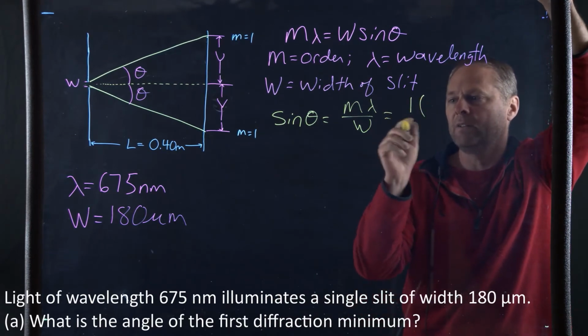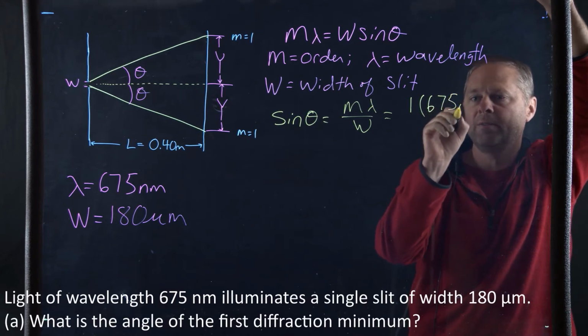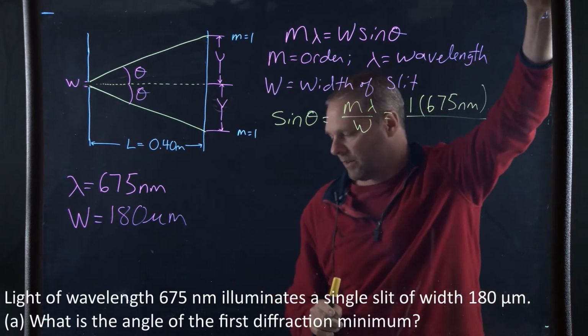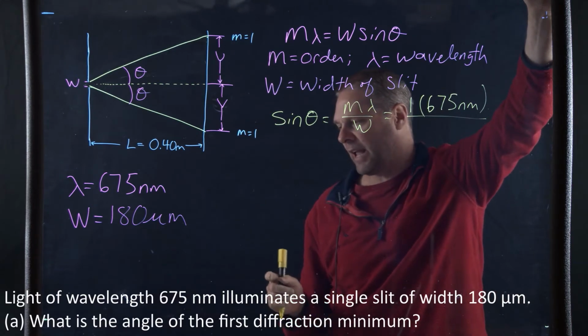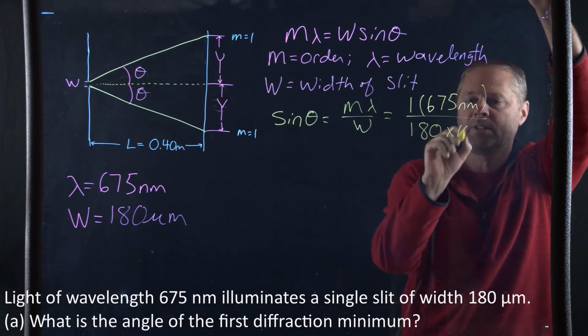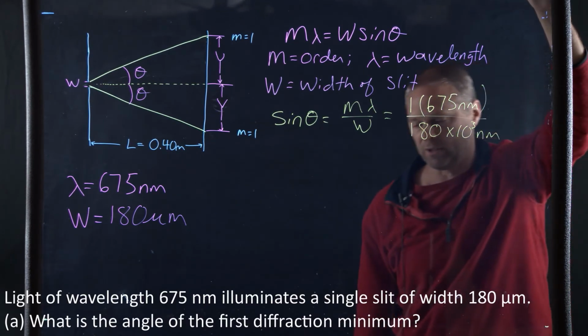Our lambda is 675 nanometers divided by, now the width. The width in this case is 180 microns, which is going to be equal to 180 times 10 to the third nanometers. You want to make sure you get this in the exact same units.